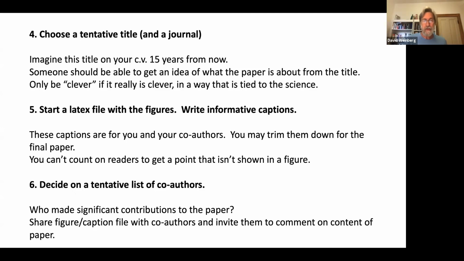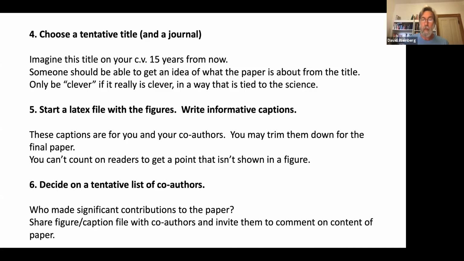Also now you need to start thinking about who are the co-authors of the paper. If you're a student working with an advisor, your advisor will usually have lots of advice and thoughts on this. But in general, the principle is who's made significant contributions to the paper.